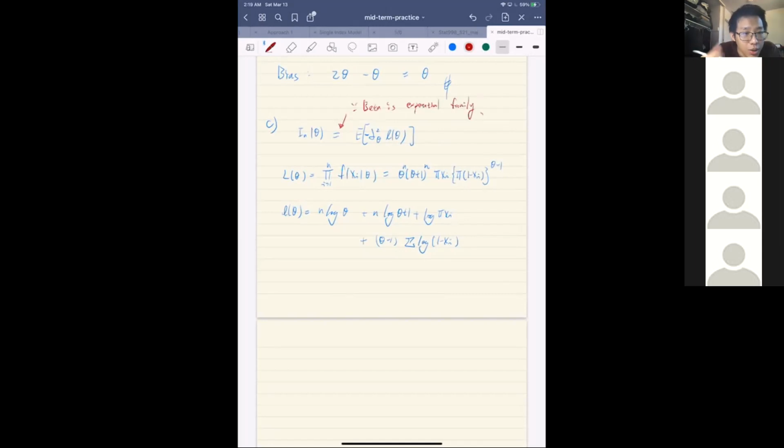Like swapping the differential and integral. Yes, because when we do this, we want to change the integration and the differentiation. And the exponential family ensures this holds. So this is a sufficient condition. Thank you, guys.